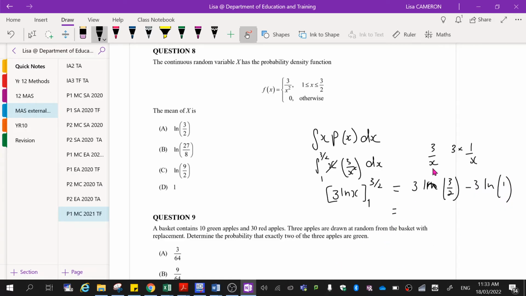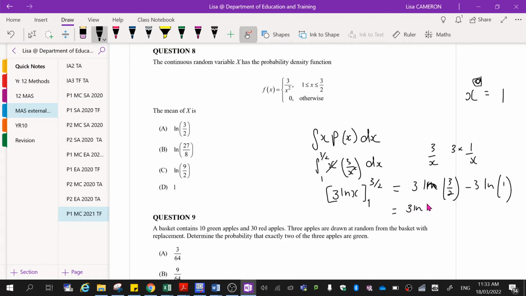Okay, so now, well, if I think about ln 1, that's actually 0. The reason why that works is because when we're using ln, we're saying what is the power that would be above x so that it's equal to 1. Now, the only thing that will give me 1 is 0, meaning that ln 1 is 0, so that term disappears.